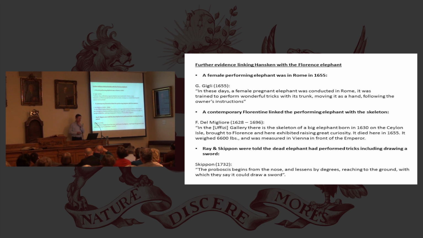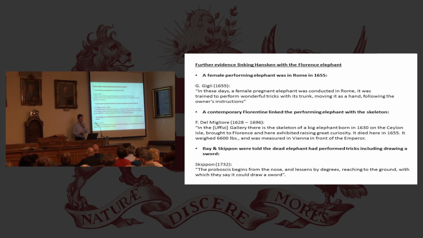Another contemporary said, and this is obviously after the skeleton was in the gallery, in the Uffizi Gallery there is a skeleton of a big elephant, but the point is that the same person in describing the skeleton goes on to describe Hansken, born in 1630 in Ceylon, brought to Florence and so on, and died in 1655.